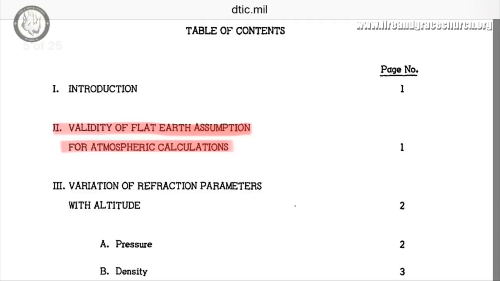If it wasn't flat, if the Earth was not flat, why would you start off a classified, under threat of law in the Espionage Act, why would you classify that? It's all here, folks.